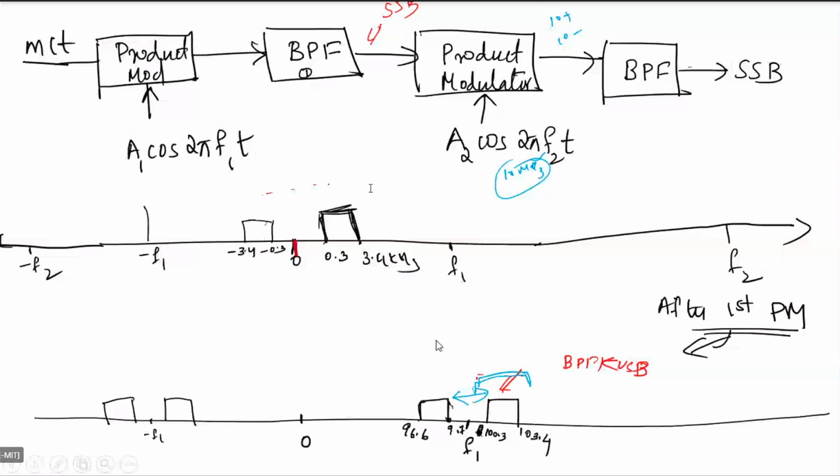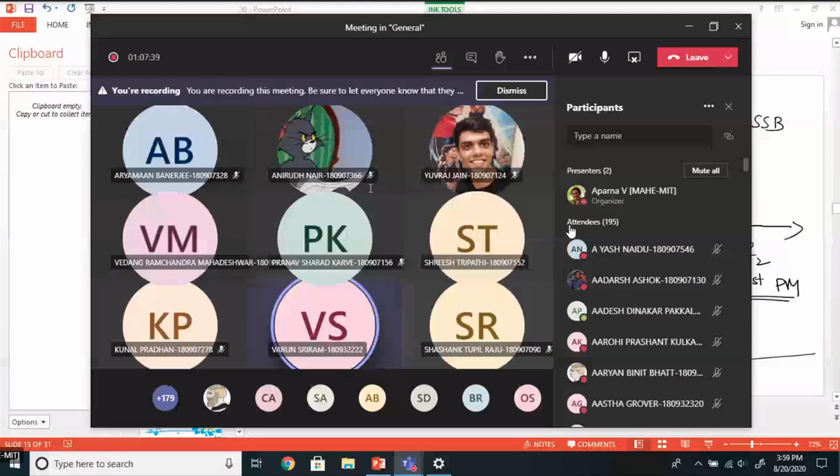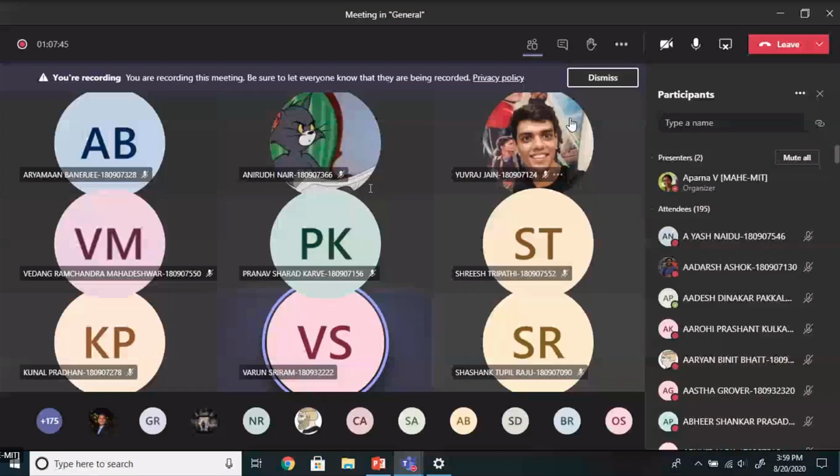Ma'am, isn't it possible using the second method, the phase discrimination? Whatever is the method, the spectrum should be the same.